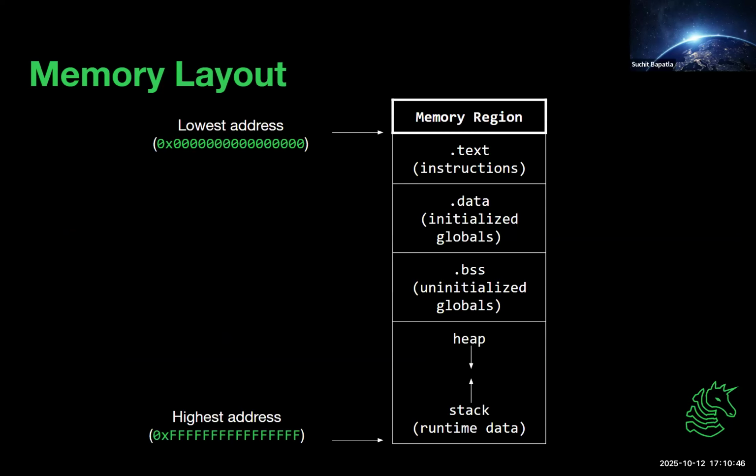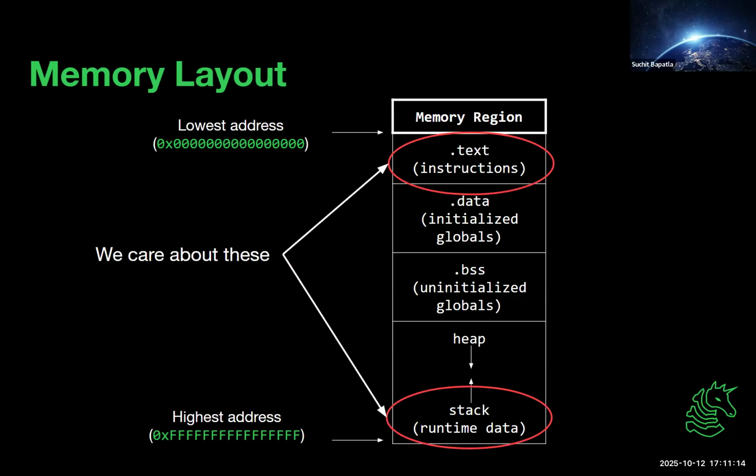And this is the main memory layout of your laptop. So you have your instructions at your lower addresses. You have initialized globals, uninitialized globals, and then the heap, which goes up, and the stack, which goes down. So at your highest addresses, 0x, yada, yada, yada, that is where your runtime data is usually stored. This is just a personal rant, but due to security issues, BSS will almost always be initialized as zeros.